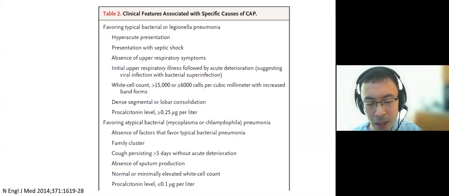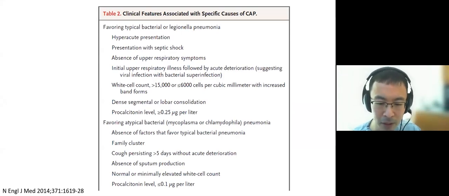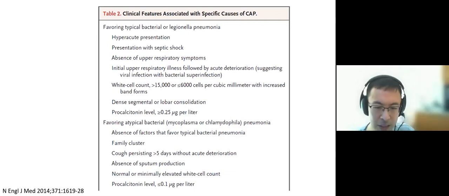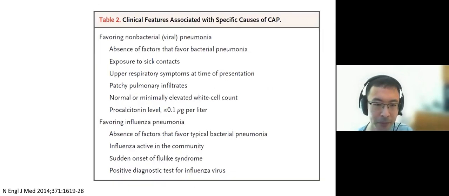The vast majority of cases are mild and often self-limited. So antibiotics are kind of controversial in this area, and it's not mandatory that you treat these. Sadly, though, the differentiation between typical and atypical pneumonia based on history and chest imaging is often unreliable.